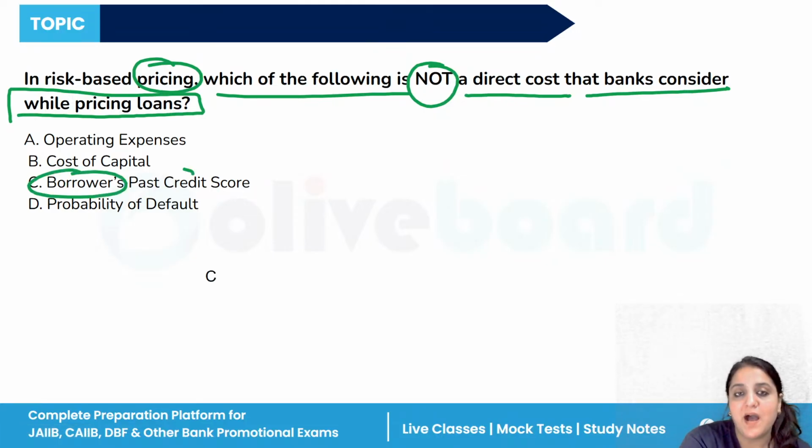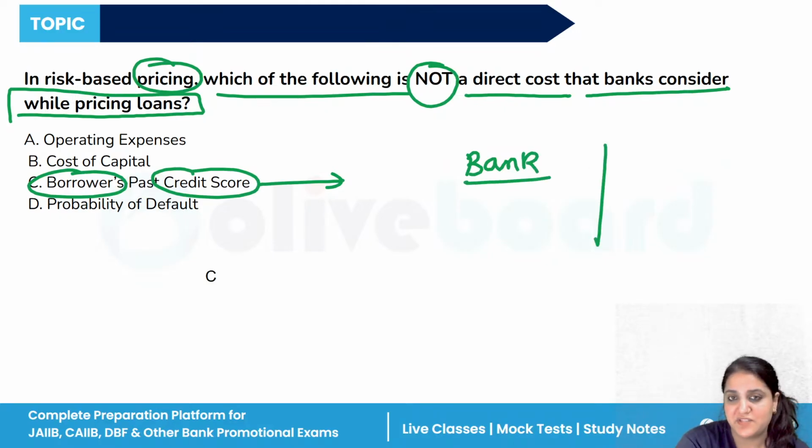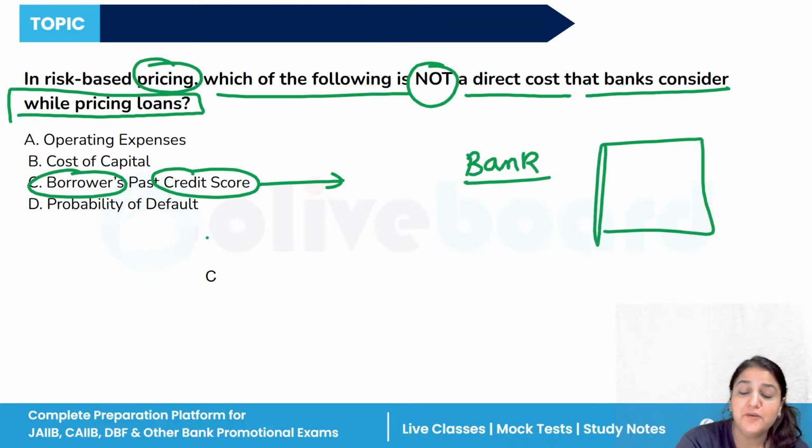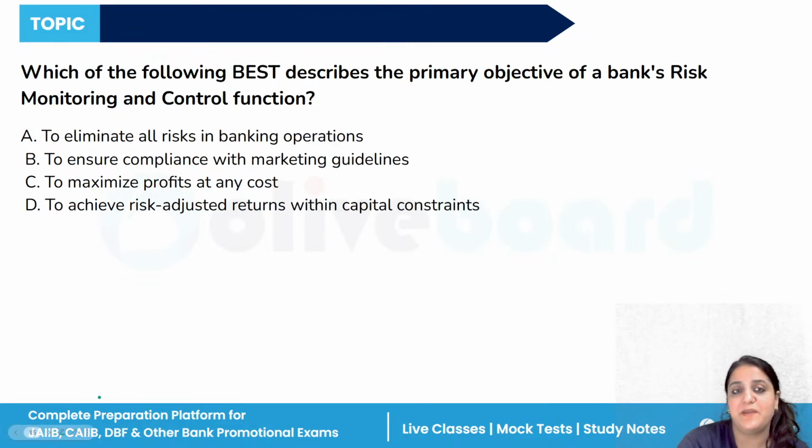Borrower's past credit score. Why? This is not a direct cost that the bank considers. So we can say that whenever banks are doing risk based pricing, only the borrower's past credit score is not a direct cost that banks consider while pricing the loans.